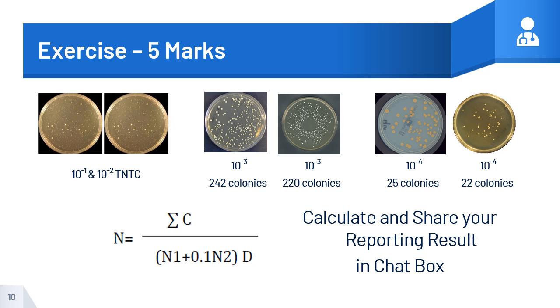At 10 power minus 3, the first plate you got 242 colonies, and the second plate you got 220 colonies, and at the 10 power minus 4 dilution, the first plate you got 25, the second plate you got 22 colonies. So using the formula, do the calculation and share your result. That is for the exercise purpose.